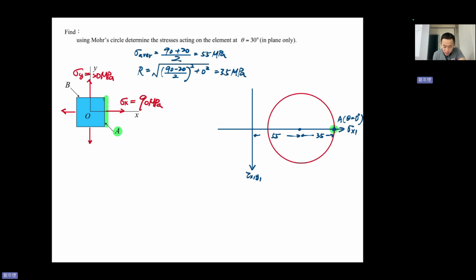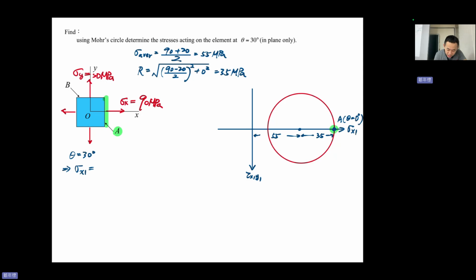All right, so it asks us to determine the stress status at theta equal to 30 degrees. So sigma x1 equals, right, so where is 30?